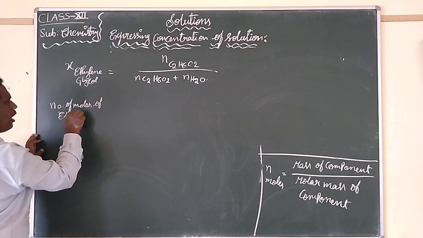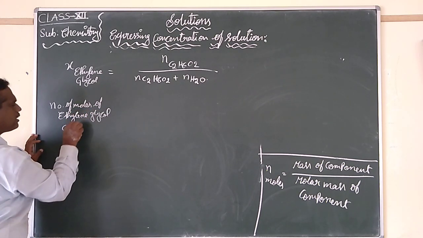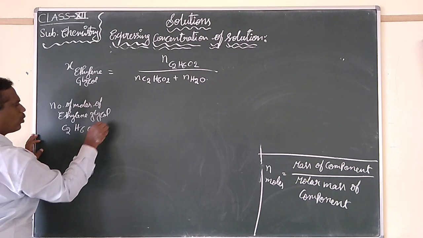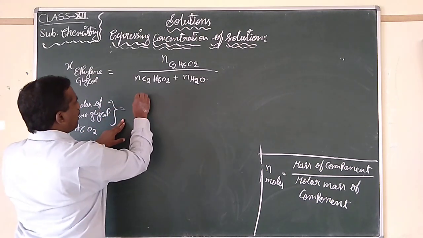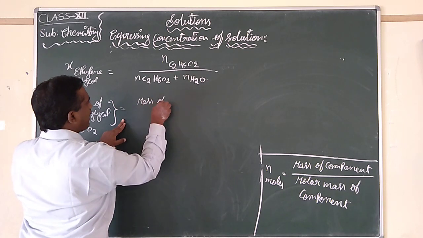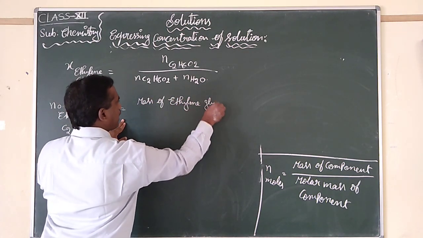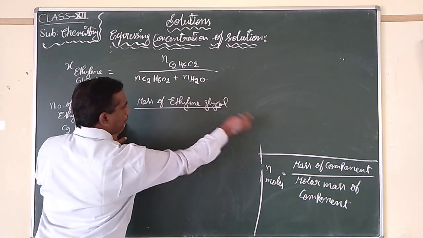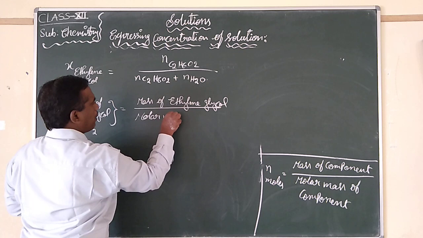That is C2H6O2, mass of ethylene glycol by molar mass of ethylene glycol.